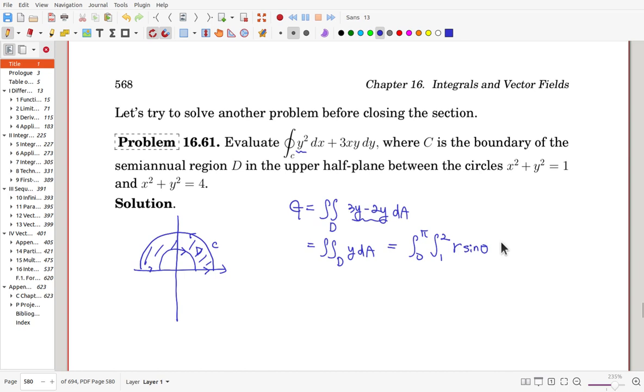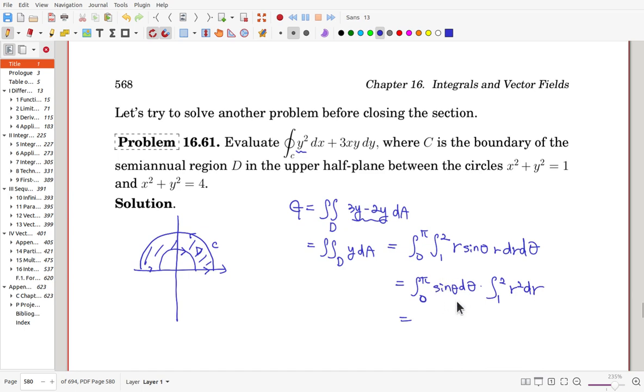Then we have to put in another r as the scaling factor in this change of variables, and dθ. The lower and upper bounds are constants and these are separable. So we separate: 0 to π for sin θ, and for r, the integration from 1 to 2 of r² dr, right?